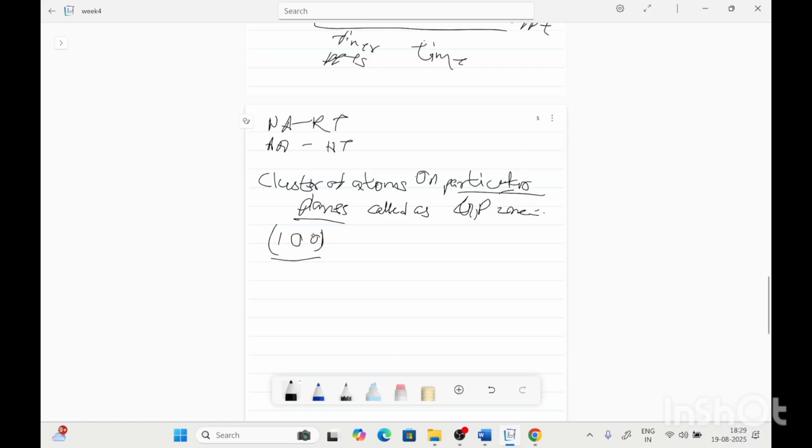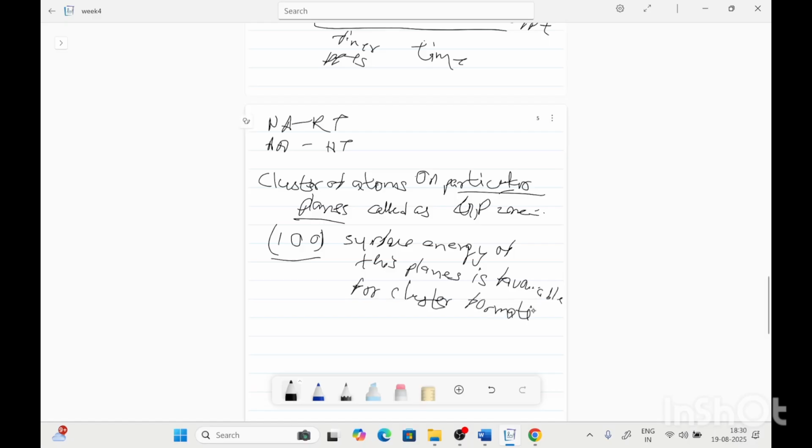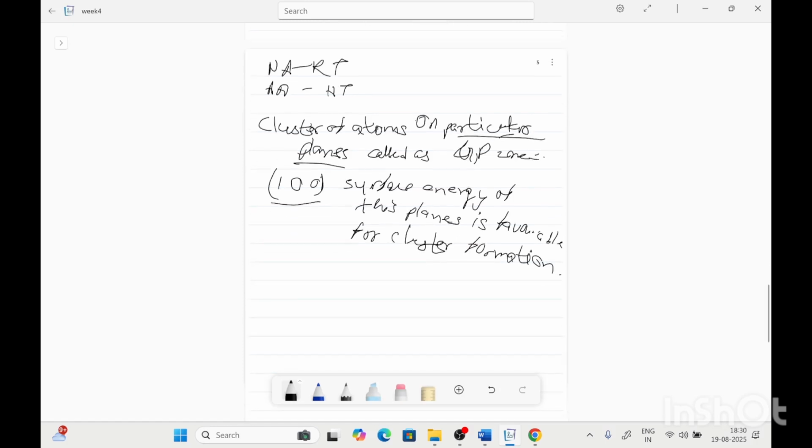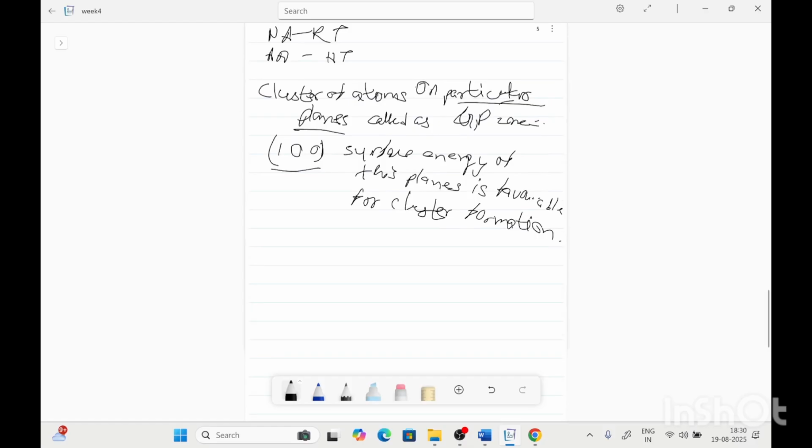Then the other planes grow, because the surface energy of this plane is favorable for cluster formation. That's why the particular planes are chosen for cluster formation.